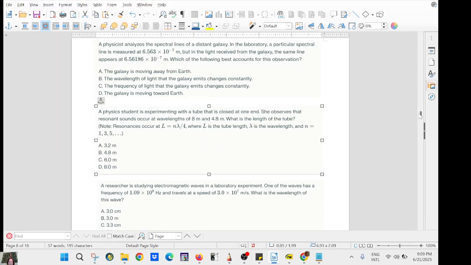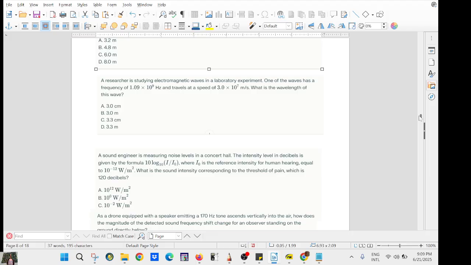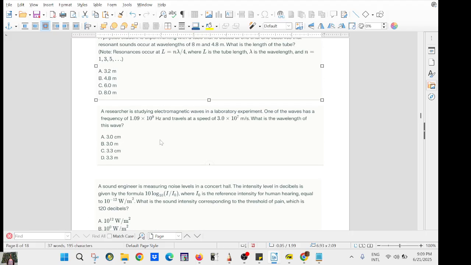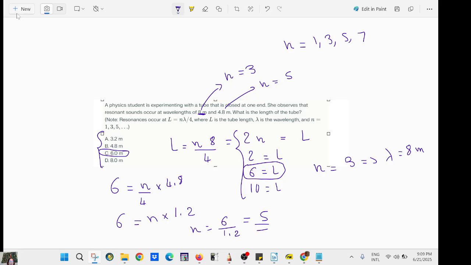Okay, and this one is what? Here they're just checking if you know your equation.